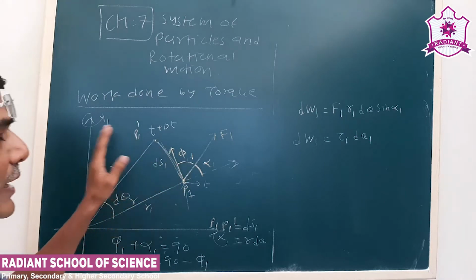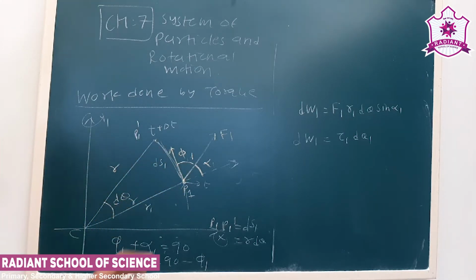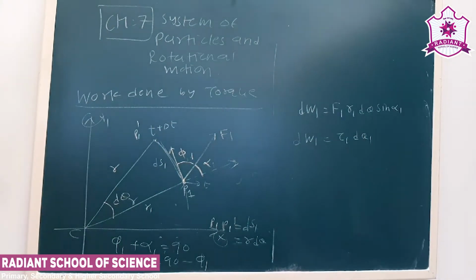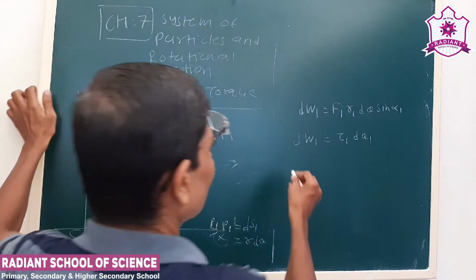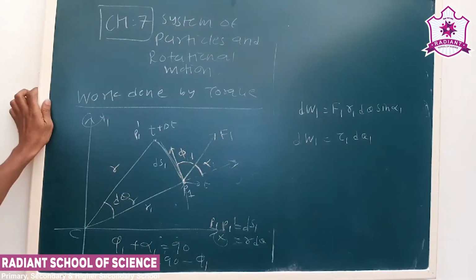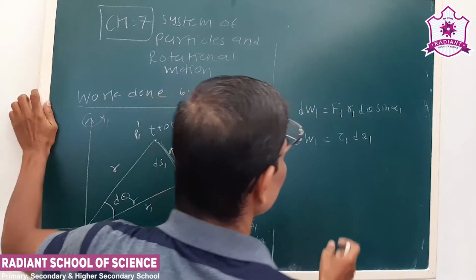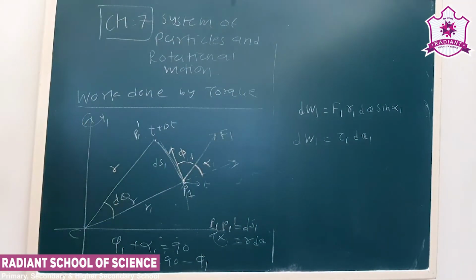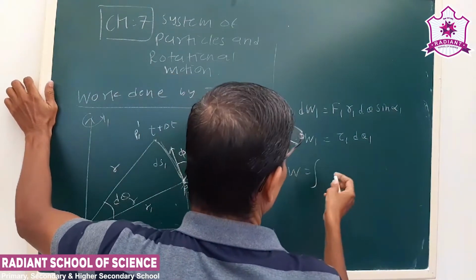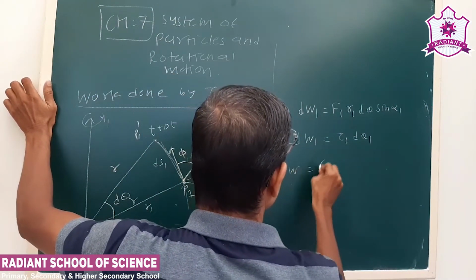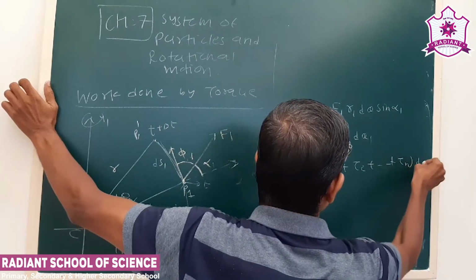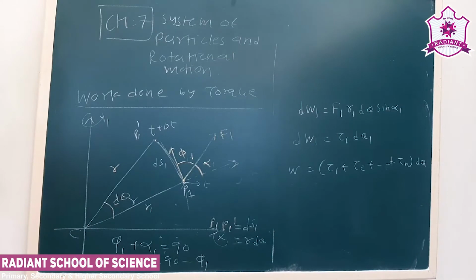Now we can have a number of forces, so the work done is torque into angular displacement. Similarly, let the forces be F1, F2, up to Fn. If we can obtain the total torque, the total work done we can also obtain. So the total work done W will be tau 1 plus tau 2 and so on.